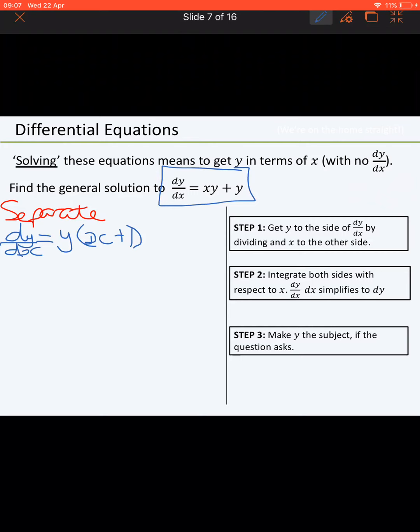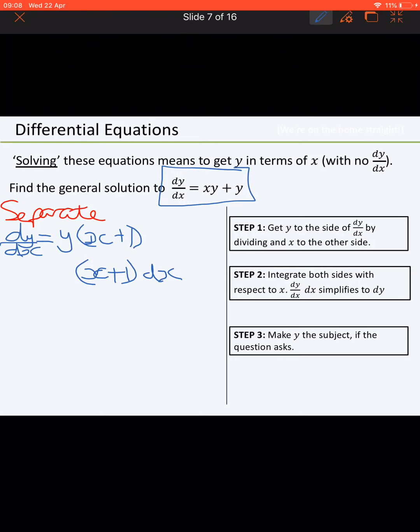Okay, now we've talked about before the fact that dy by dx is not a fraction. Okay, however, it does behave like a fraction in some circumstances, and what I mean by that is I can essentially take the dx from the bottom and multiply it up onto the right hand side, giving me x plus 1 dx on the right hand side.